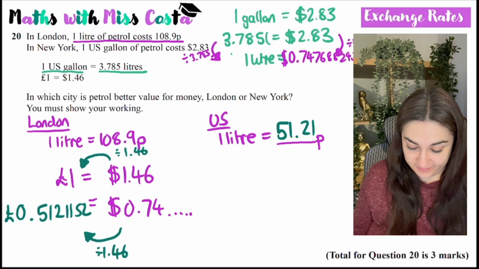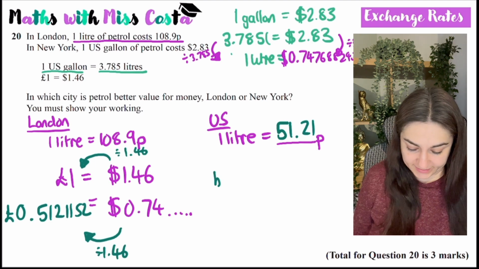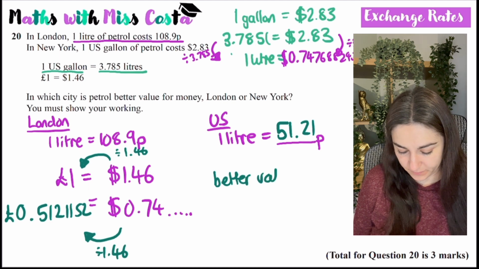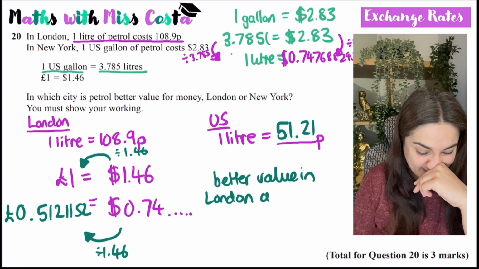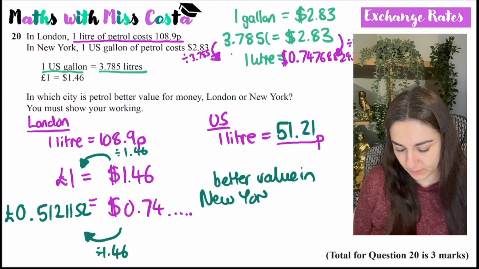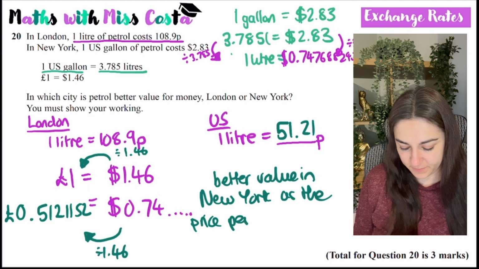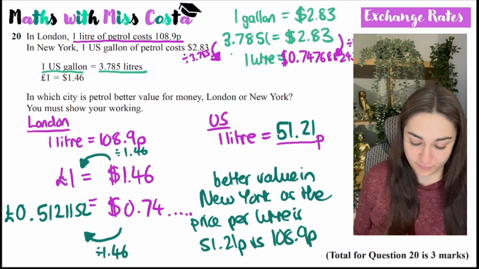Wow, that's quite the difference, half the price. So it's better value in New York, as the price per litre is 51.21 pence versus 108.9 pence, almost half price.